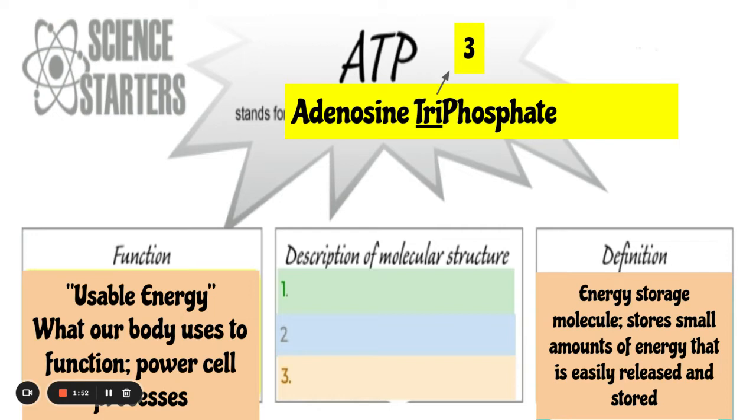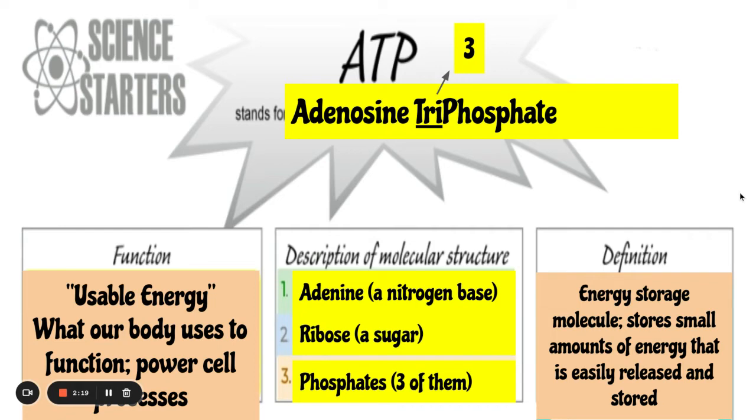And then ultimately, we use oxygen along with glucose to make ATP. So glucose is converted into waste products of carbon dioxide and water, and in this process, a large amount of ATP is created.